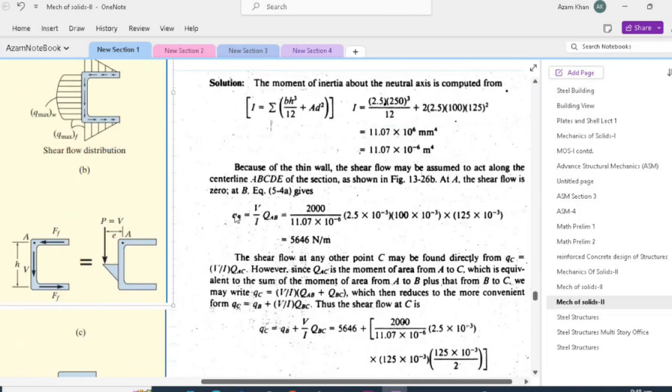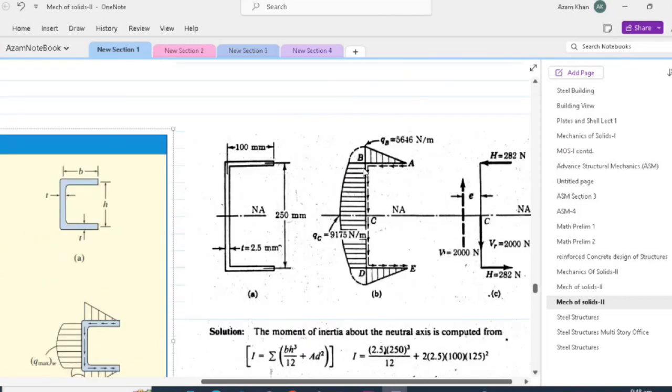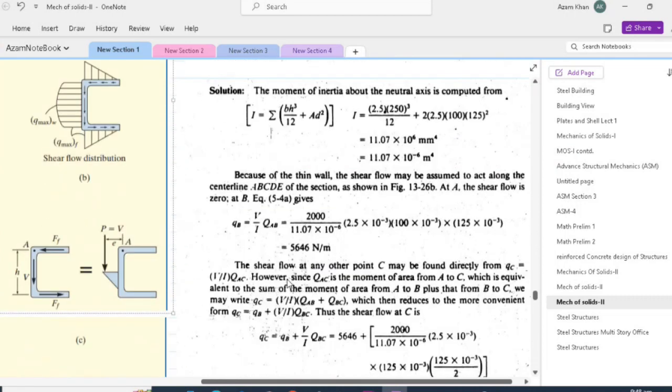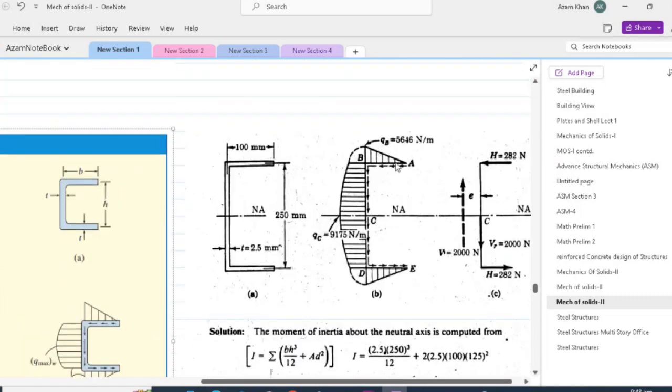Thus, we will get QB. To get the shear flow in component BC, we will have to add the influence of shear in component AB and the component BC.